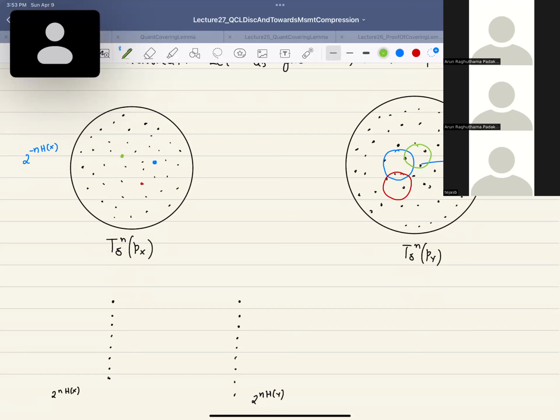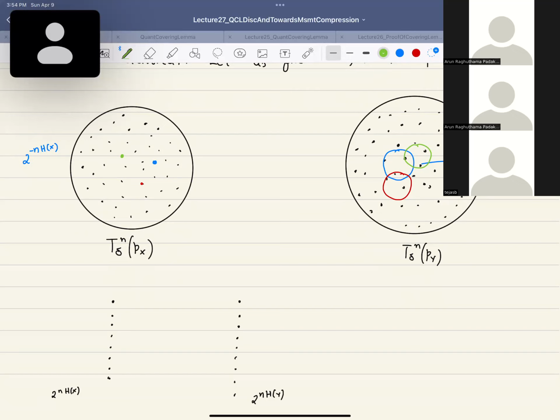Each ball is picked uniformly because each point on the left is picked uniformly, and within that ball, each point is picked uniformly whenever that ball is chosen. It all nicely adds up, and you will see that the entire collection of Y^n sequences is uniform at 2^(-nH(Y)).